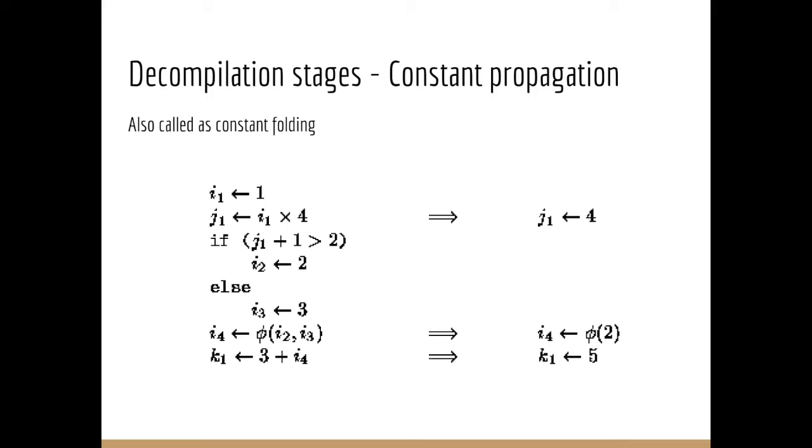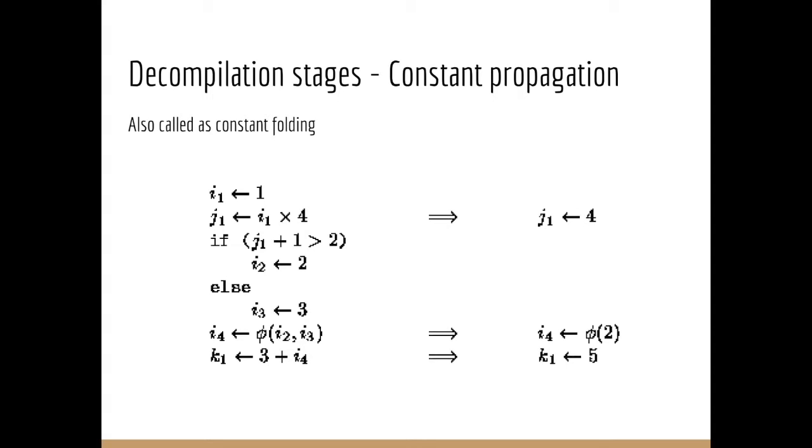The second stage is not really important for the decompilation, but it can shorten the output. It's the constant propagation stage, also called constant folding.